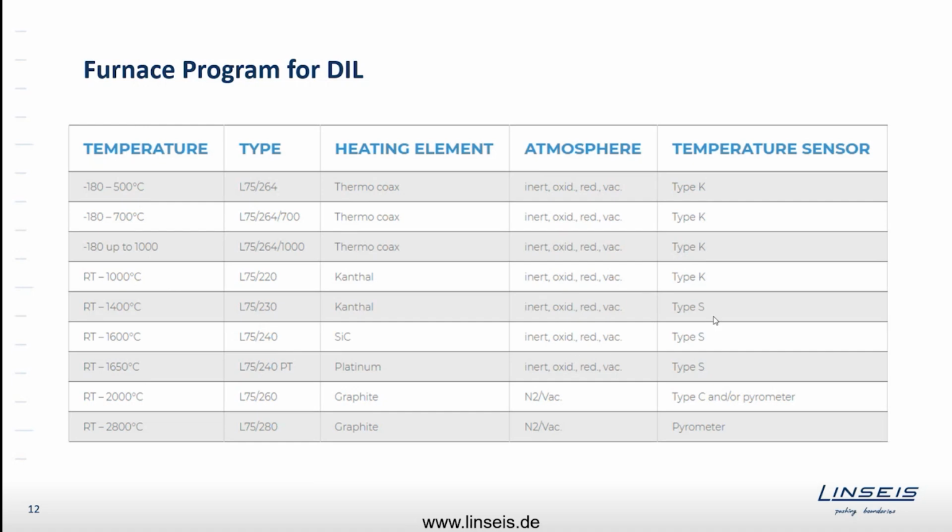So usually we have type K or type S. However, if you want to run in hydrogen environment or in carbon monoxide, carbon dioxide, maybe you use type C or type K. It depends a little bit on the combination of temperature range and desired atmosphere. But as said, our furnace and temperature sensor program is quite flexible and quite modular. So one can configure their own dilatometer depending on their needs. So as said, we try to keep that as modular as possible.